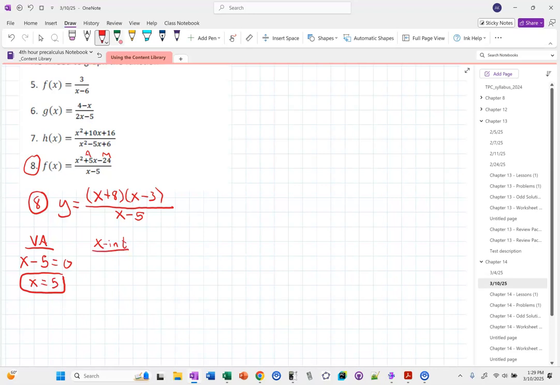How do I find the x-intercepts? Set the numerator equal to 0. But remember, we're going to write these as points rather than just x equals so that we don't confuse them with our vertical asymptotes.